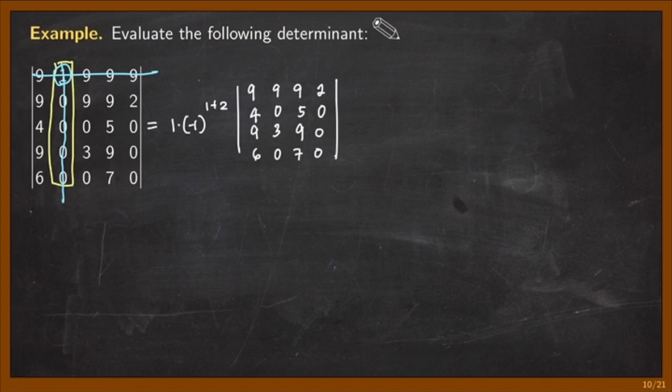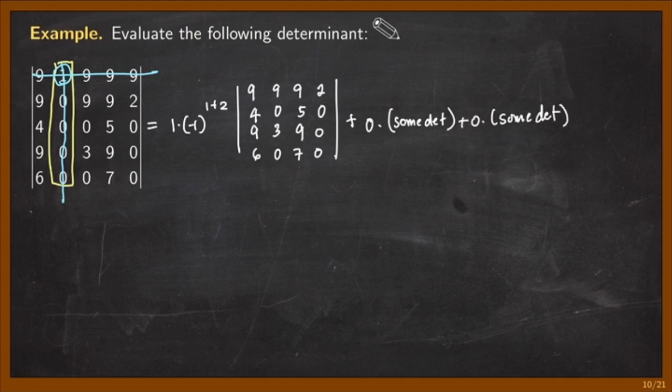Plus, supposedly we are going to add a few more terms, since we are expanding along the second column. But the other terms will just be 0 because the other entries over here are 0. So I'll put here 0 times some determinant, plus 0 times some determinant.